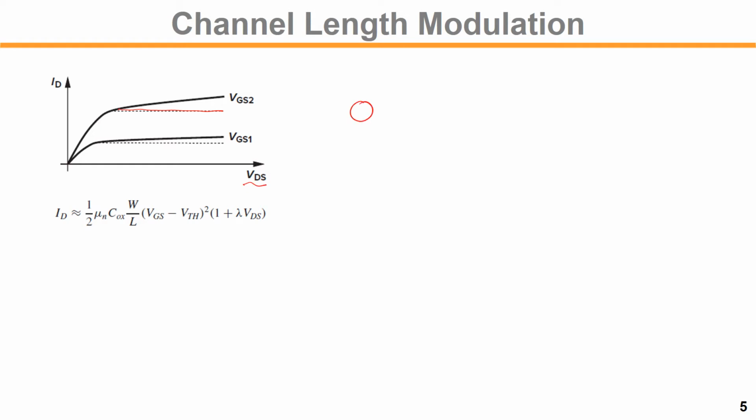For example, if we assume an ideal current source with current I0 and voltage drop V0 across it, then I0 versus V0 is flat. No matter what the voltage across the current source, the current is always I0.